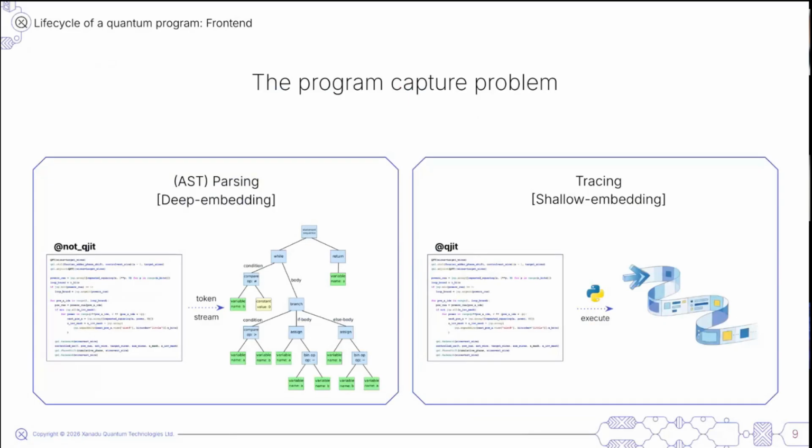And so this is where I want to get into the program capture problem: taking what a user writes for their program and capturing that intention in a way that is not human consumable, but consumable by a compiler, by an optimizer, by something we can do easy transformations on to make our program map to hardware as we need to. There are two approaches here.